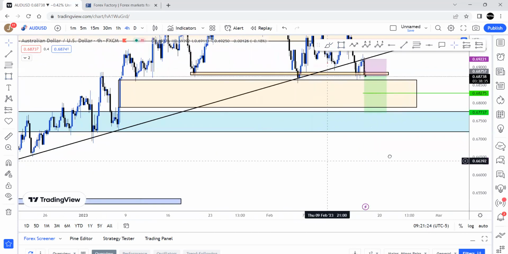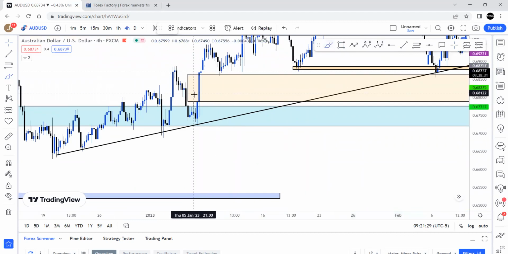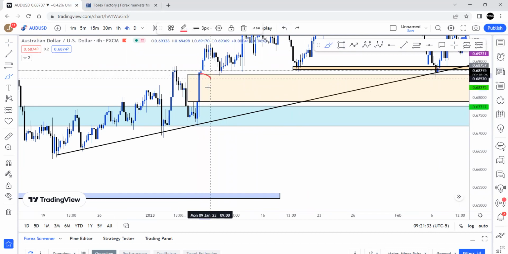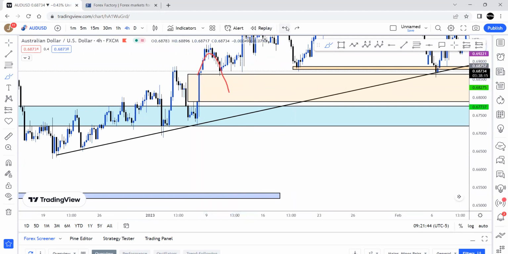If we zoom back over here, we see that price literally blew through but never retested here. Price broke above and retested structure, but it never came down here to test 50% of this level before continuing to the upside.